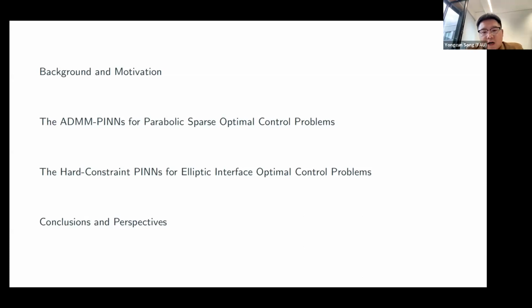And then we will focus on two typical examples, parabolic sparse optimal control problems and elliptic interface optimal control problems, to illustrate our main ideas in the design of physics-informed neural networks for solving non-smooth PDE-constrained optimization problems. And finally, there are some conclusions and perspectives.